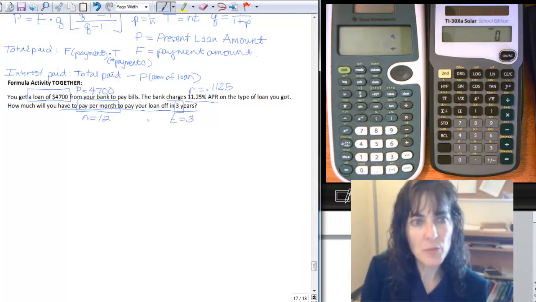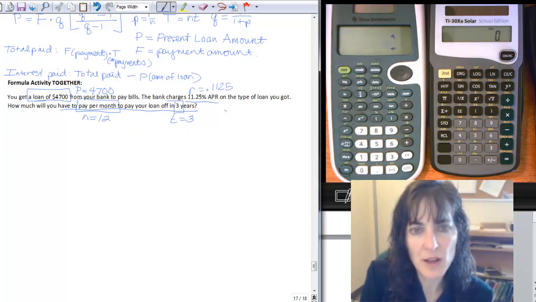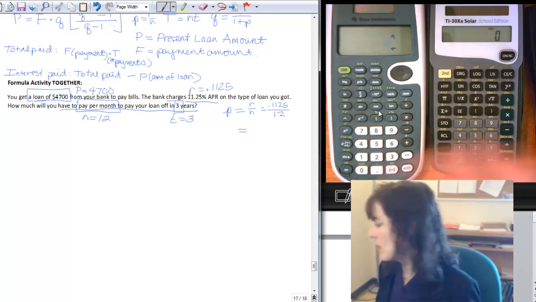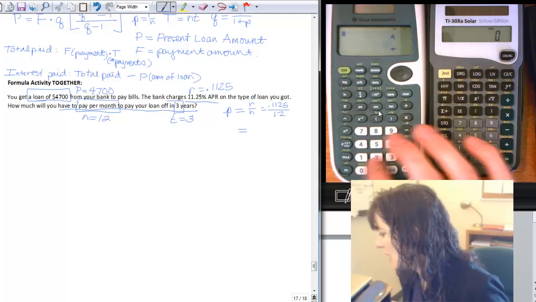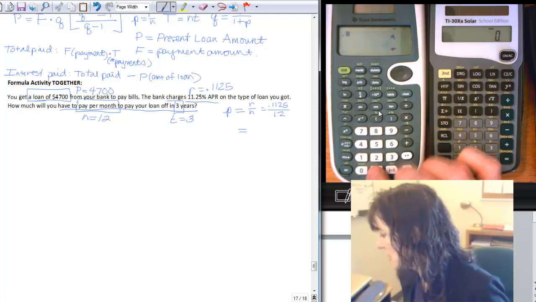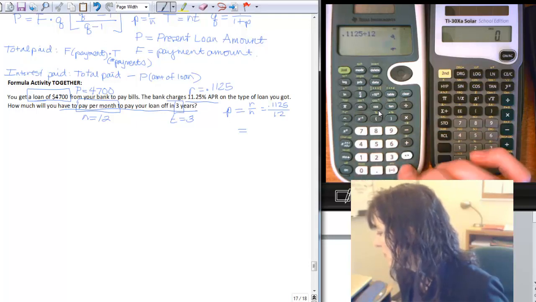So I have quite a bit of information already, so let's see if I can figure anything out yet. I need to calculate my little p, that's R over N, and I have 0.1125, and my N was 12 for 12 months in a year. Let me calculate that with the calculator: 0.1125 divided by 12.